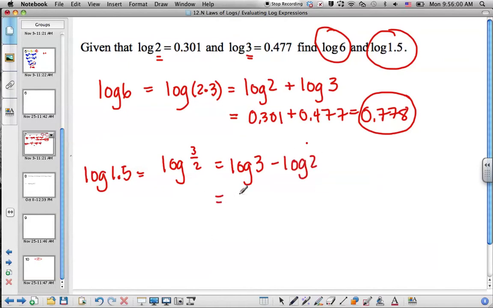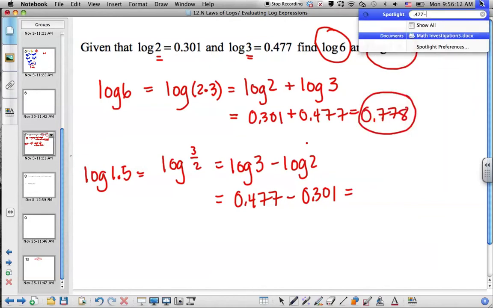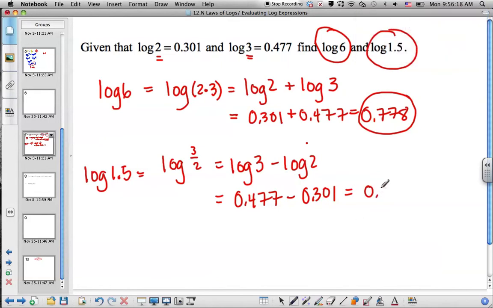Substitute in our values, 0.477 minus 0.301, and we get 0.176 as our answer.